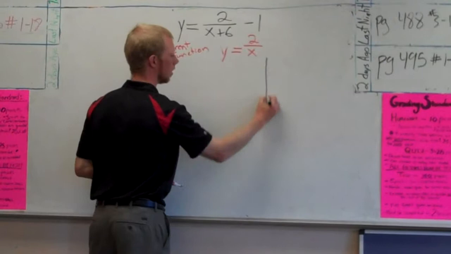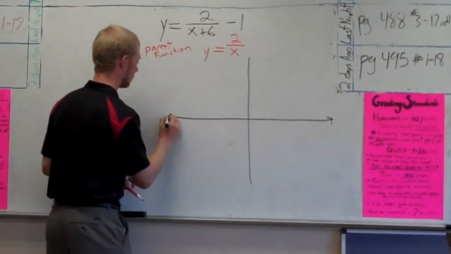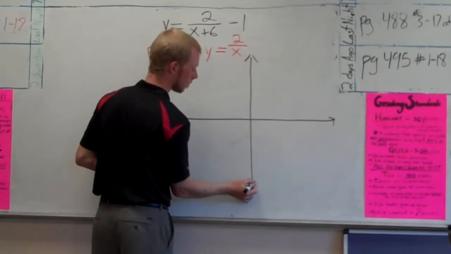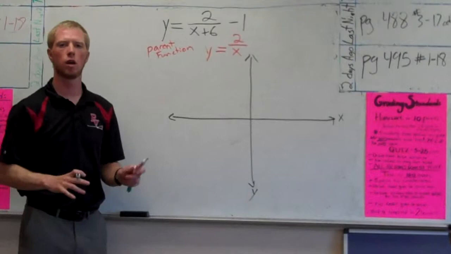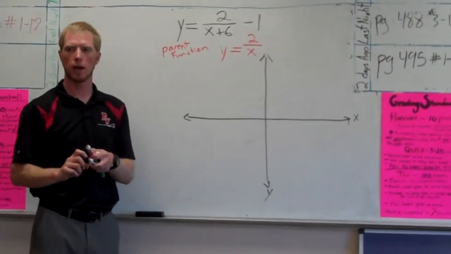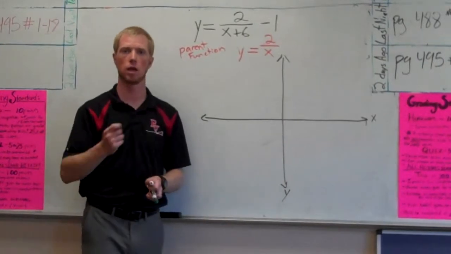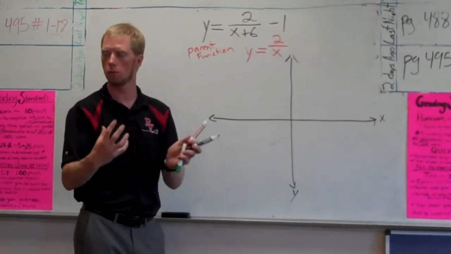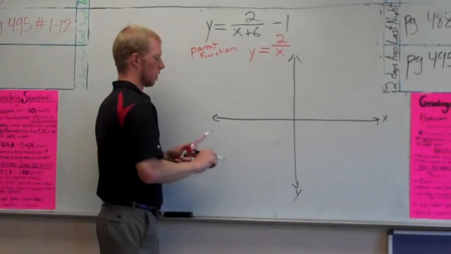But even before I create my table of values, I'm going to come over here and I'm going to put my asymptotes. Remember, asymptotes are types of discontinuities. Discontinuities are places where our function is undefined. Okay?